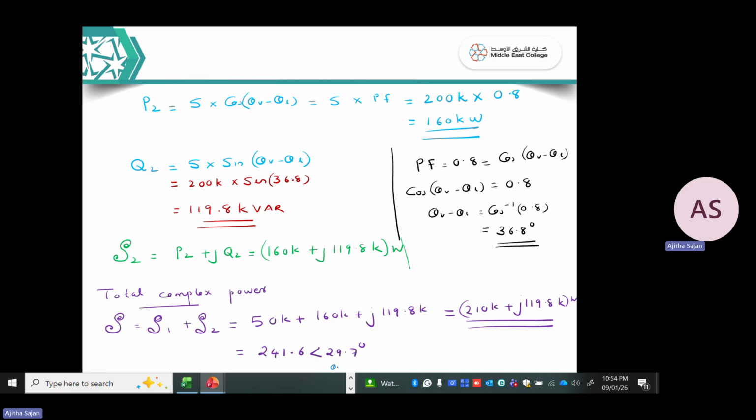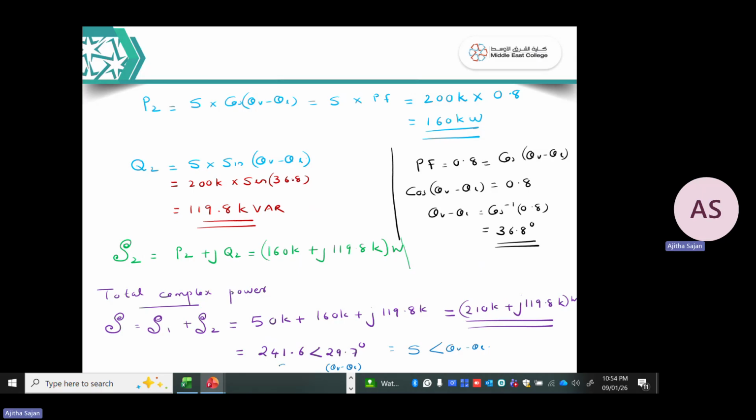Understand that this is supposed to be theta V minus theta I, because this will be of the form S angle theta V minus theta I.